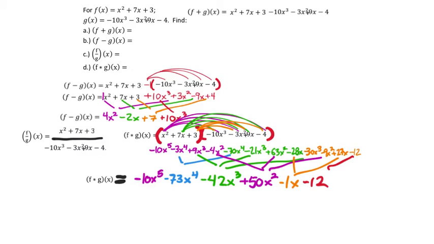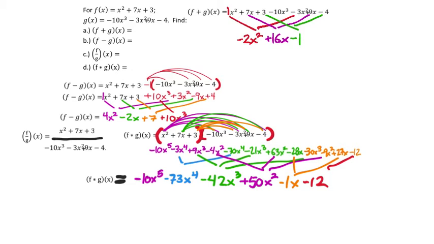So that's what I will do now. I'm just looking for any like terms that I can combine. And I see that I have this 1x squared that I'm able to combine with this negative 3x squareds, which would give me negative 2x squareds. Then I also have these 7x's, which I can combine with those 9x's, which would be 16x's. And then 3 and negative 4, those are constants combined, would be negative 1.